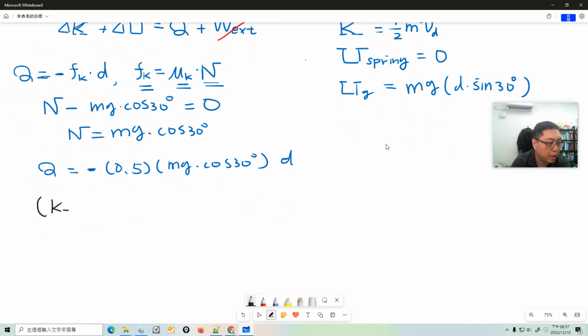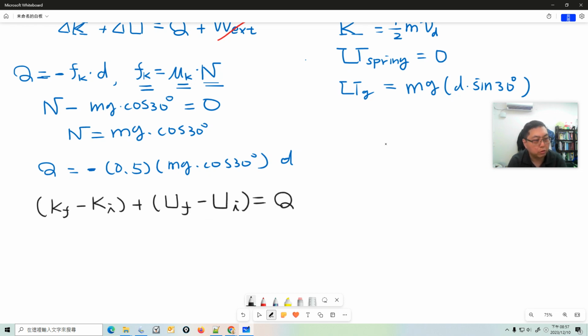So it's K_f minus K_i plus U_f minus U_i equals Q. The final state kinetic energy, I don't know, so it's 1/2 m v_d squared. The initial kinetic energy, remember, is 0.